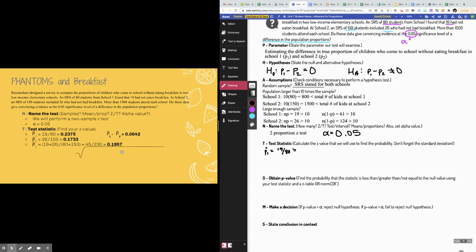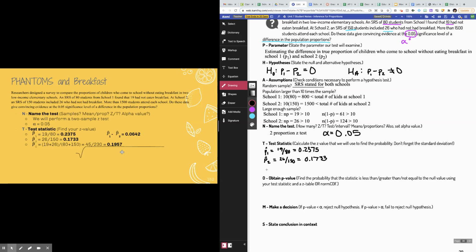You usually want to convert that to a decimal, so that's 0.2375. Then I do the same thing for school 2. So p hat 2 is 26 over 150, and when I do that math, I get 0.1733.